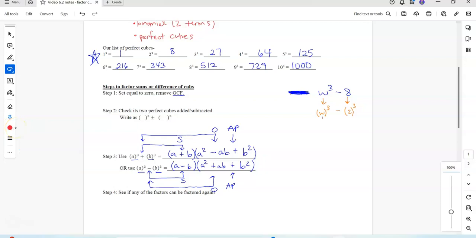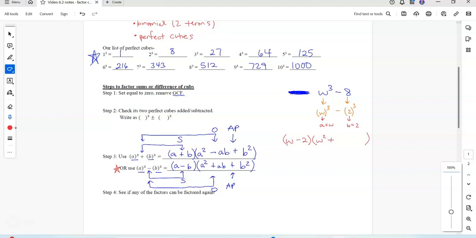Okay? All right, so now that we have the patterns here, let's go ahead and apply that to this problem. Okay, so my A is W, and my B is 2. I have a minus sign between the problems, so I need to use the second formula. So I'm going to have A minus B, so in this case, W minus 2. Then I'm going to take my W and I'm going to square it, so W squared.